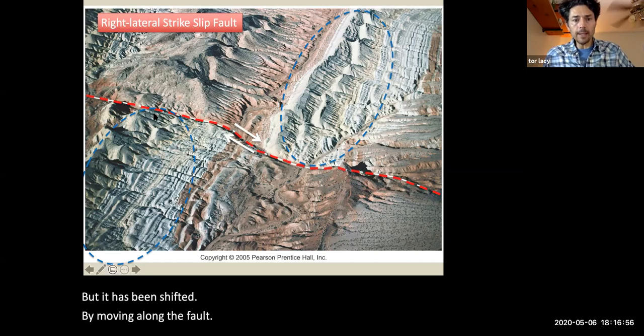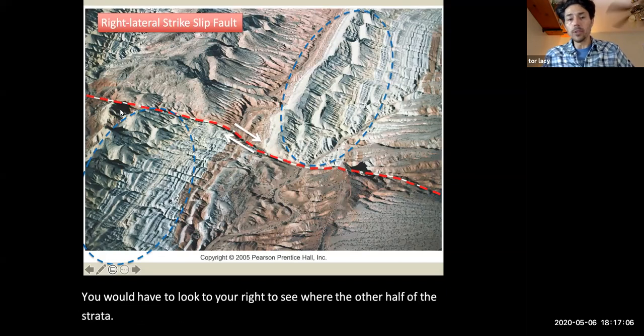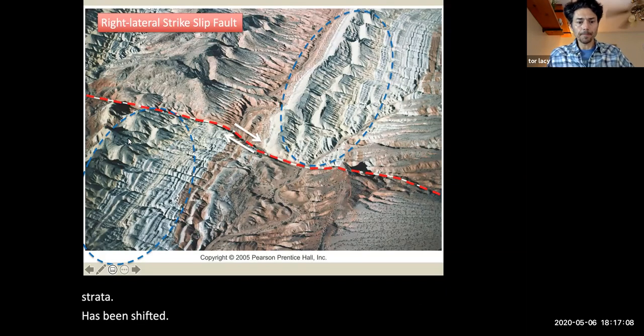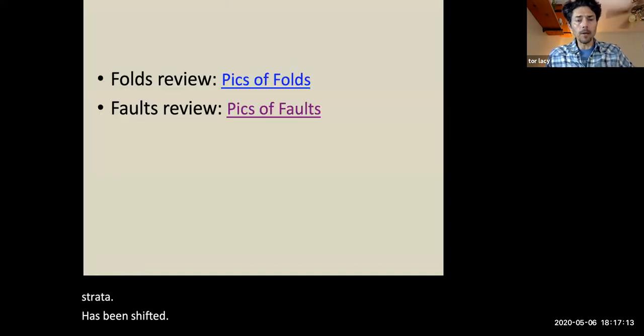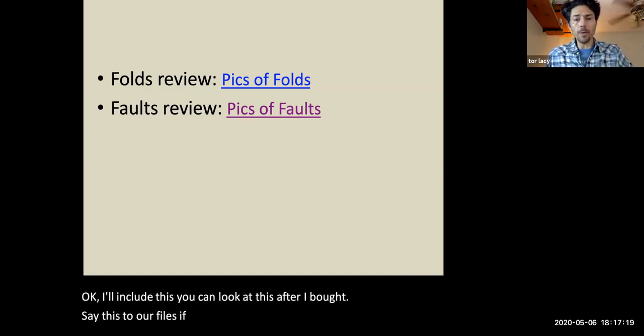If you were standing there looking across the fault, you would have to look to your right to see where the other half of the strata has been shifted. I'll include this, and you can look at this after I've saved this to our files if you want to do some review.